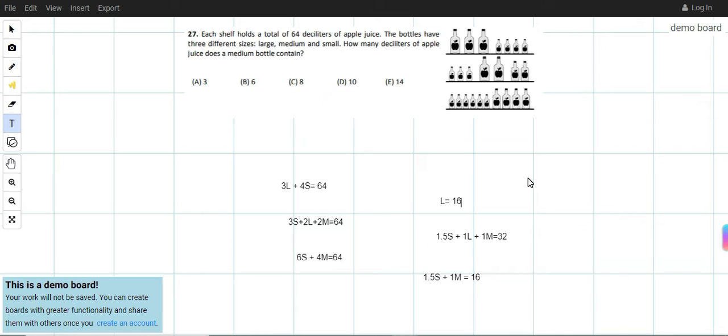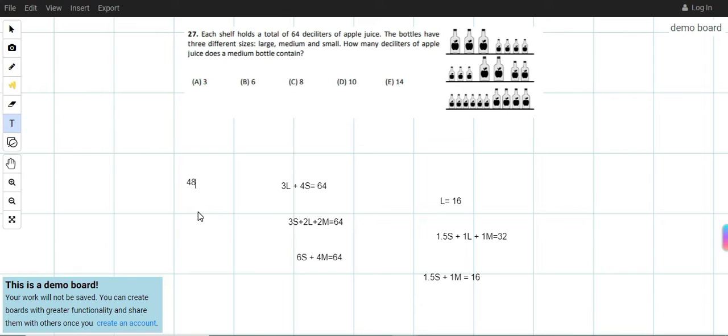So now that we found out L, it's going to be simpler to do this, right? Because then we can find out S. Because 3L plus 4S equals 64 from this top equation we made here, we know that 3L is going to be 48, and that means 4S has to be equal to 16.